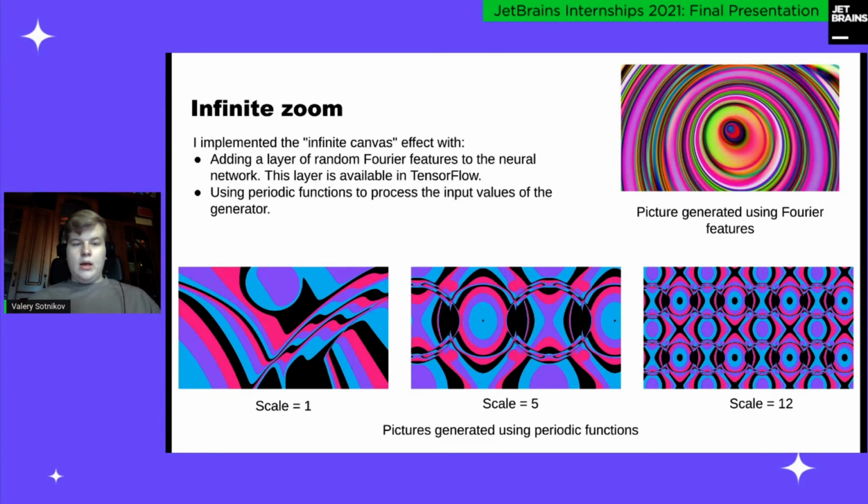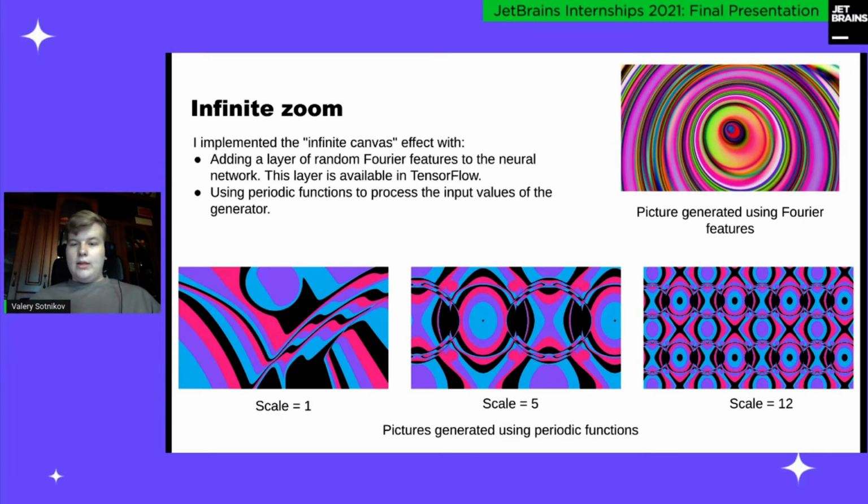As you can see on the bottom of the slide, pictures with a different scale, and the whole picture is filled with the pattern. In addition, later I implemented the ability to use a lambda layer with the trigonometric function as the activation layer of the neural network.